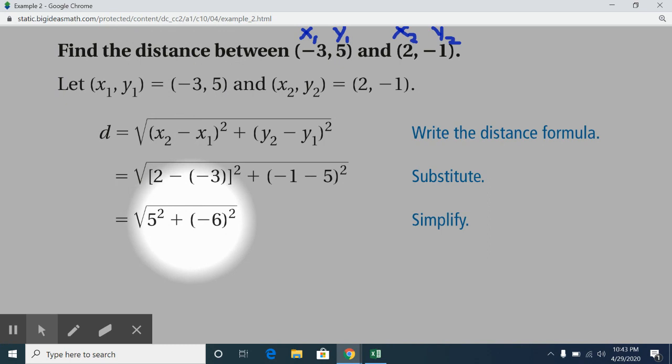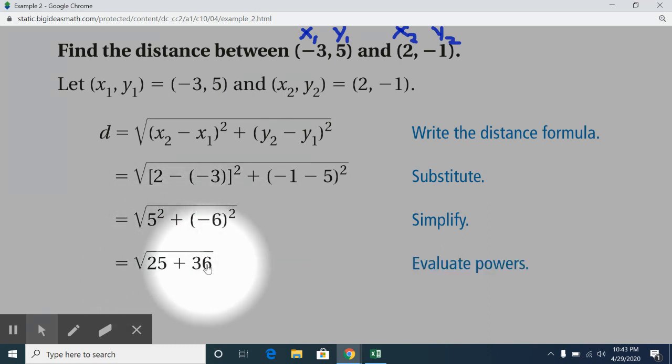So when we do the math, 2 minus negative 3 is really plus, so 2 plus 3 gives me 5. Negative 1 minus 5 gives me negative 6. So I'm going to square these two numbers. I'm going to get 25 and 36. I'm going to put them together, and I end up with the square root of 61.